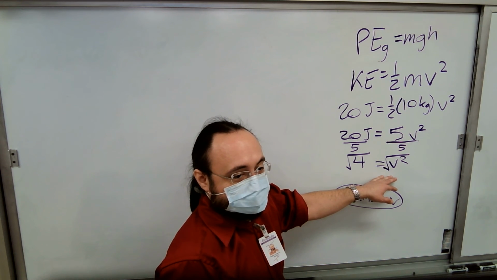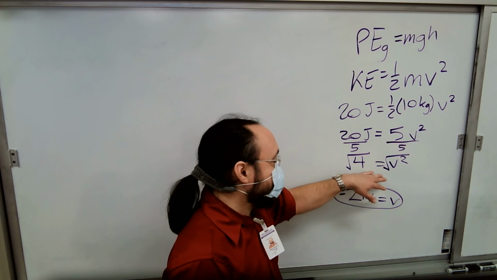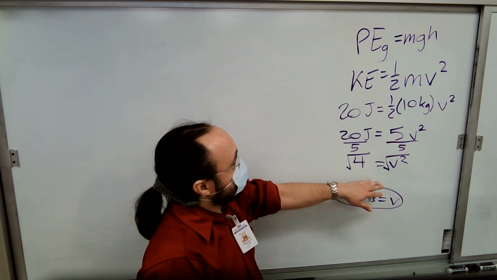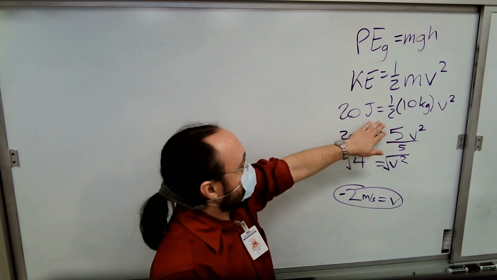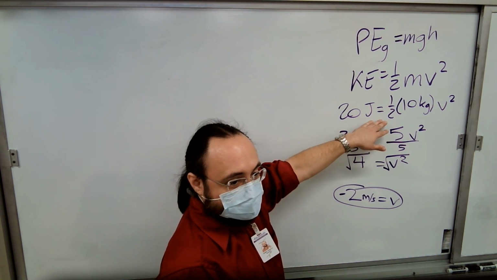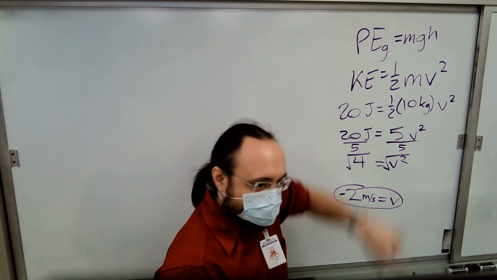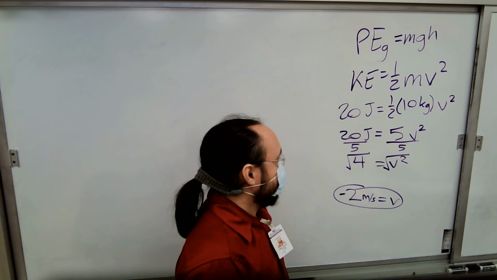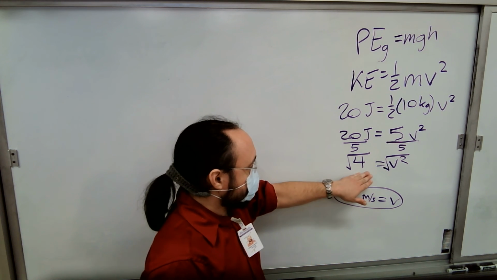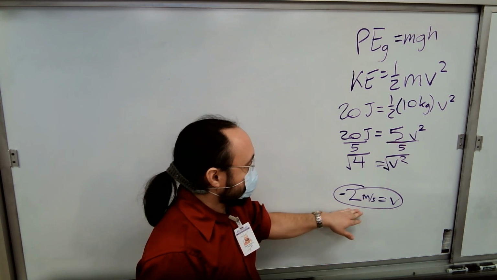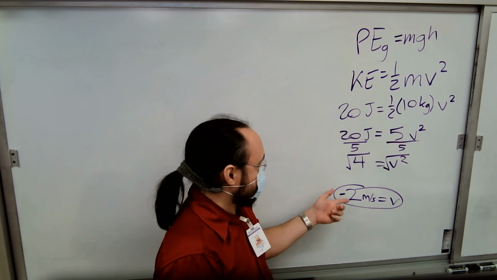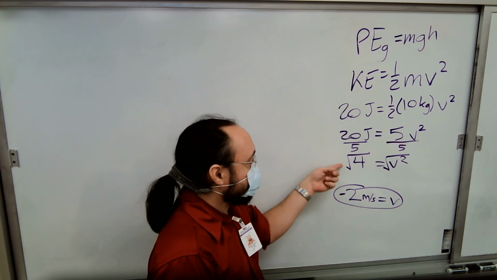That's also 4, because a negative times a negative is a positive. So your math teacher would say the square root of 4 is plus or minus 2. If this thing told us that this object was up high and you're trying to figure out how much velocity it had at the bottom of its fall, we know the velocity would be negative 2, because that object is moving in the down direction. And that still works, because negative 2 times negative 2 is positive 4.